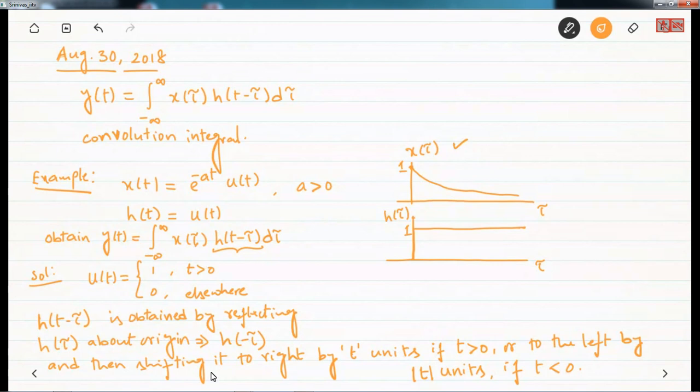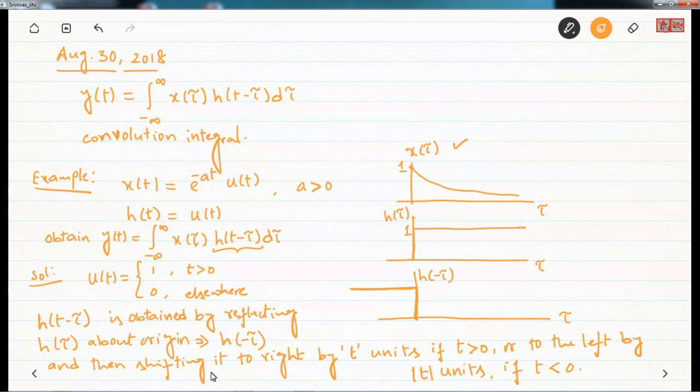Okay, now we got h of tau, and we need to get h of minus tau. H of minus tau is what? We need to reflect this signal about origin. So this is h of minus tau.